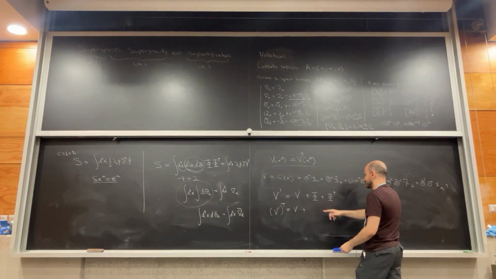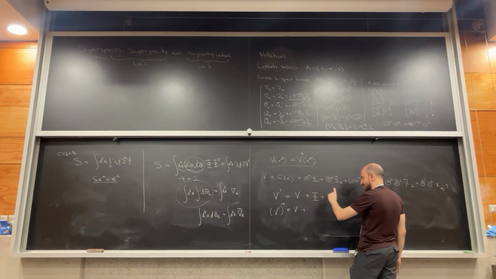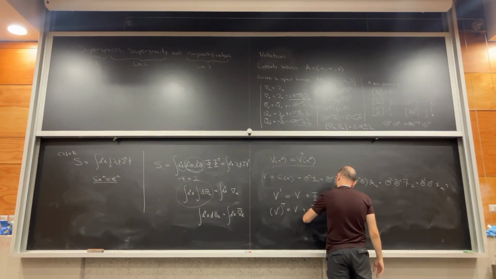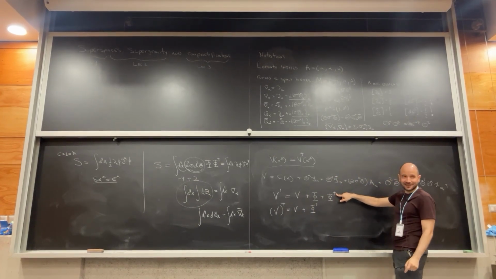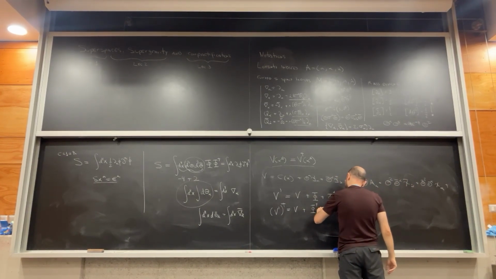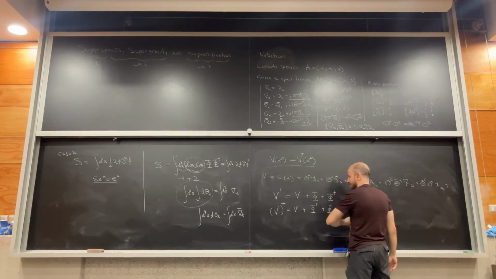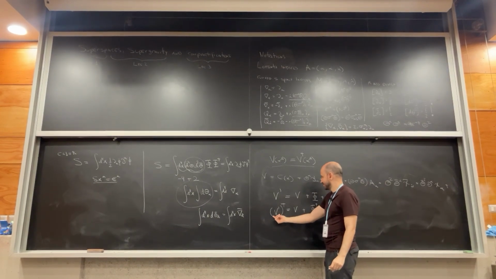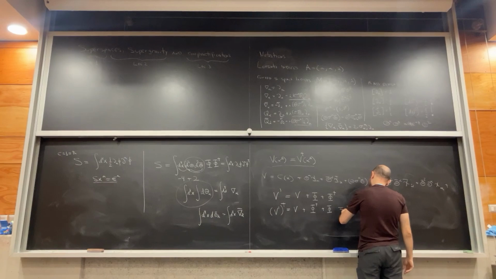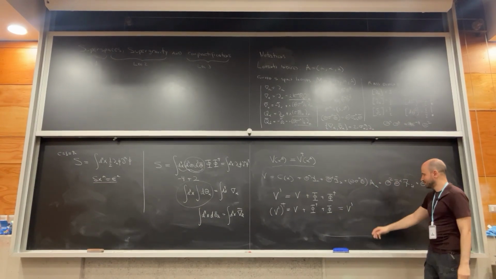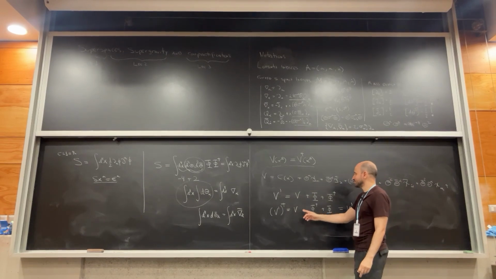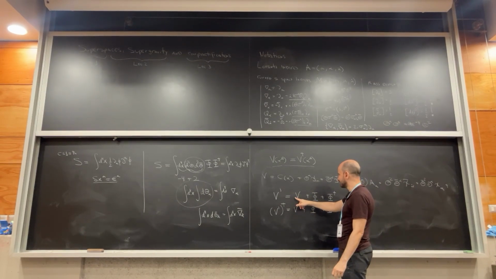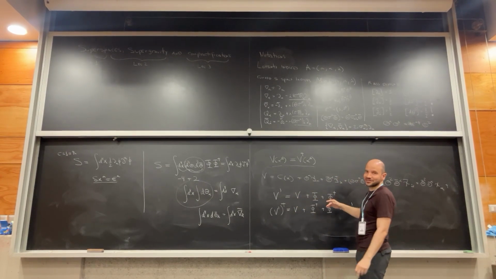For phi, if I take the complex conjugate, it's a chiral field, so I get phi dagger. And if I take the dagger of phi dagger, I get phi. So I get again a superfield that's real. So the real superfield is always defined up to this gauge transformation.